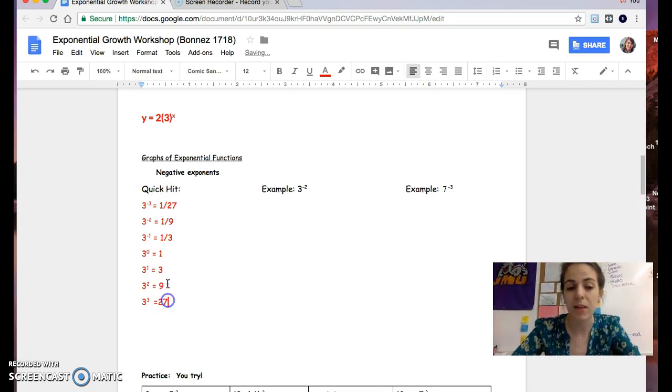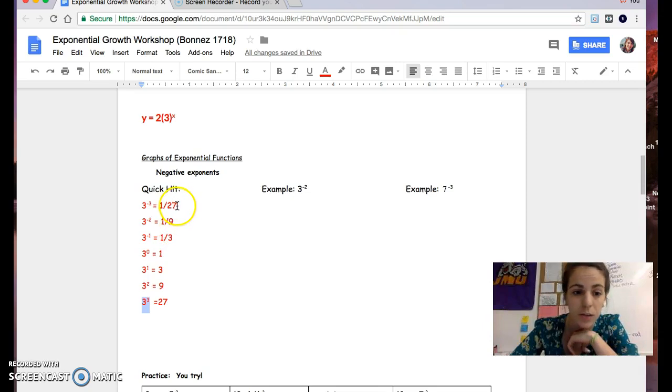So you might notice how the denominator in all these fractions, when you have a negative exponent, is equal to the number that we got when we raised 3 to the power of the positive version of that. So let me explain. 3 to the power of -3 is 1/27. Do you see how 3 to the power of +3 is just 27?